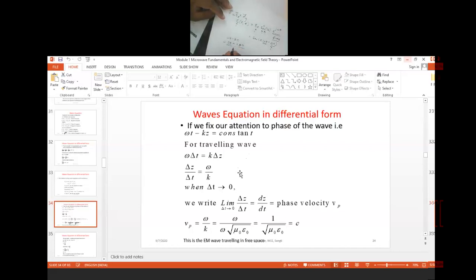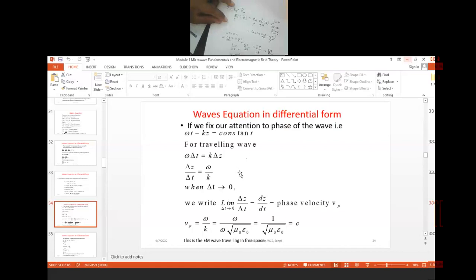So we take a limit for this, where del t becomes 0. We can have dz by dt. We will get that dz by dt is equal to a constant. We can write it as Vp, or we can relate that Vp is equal to what?